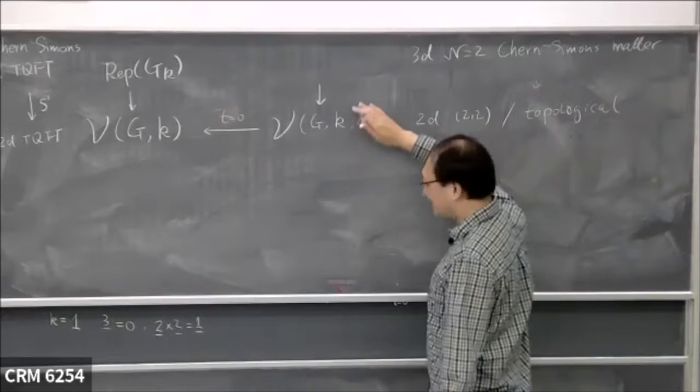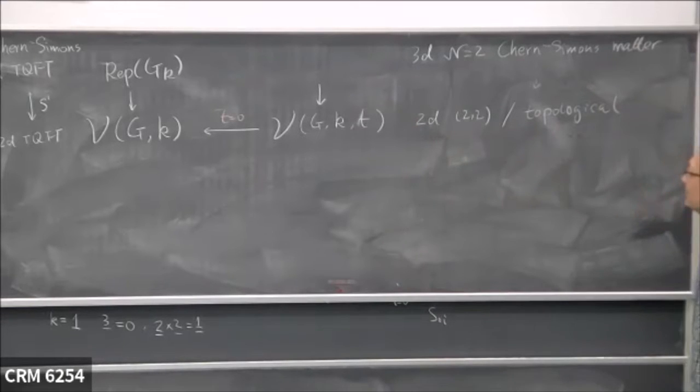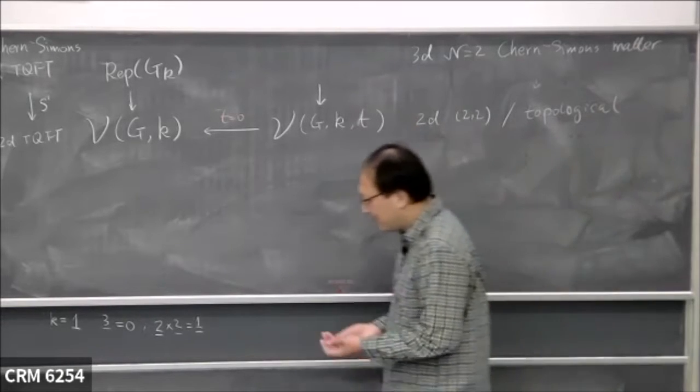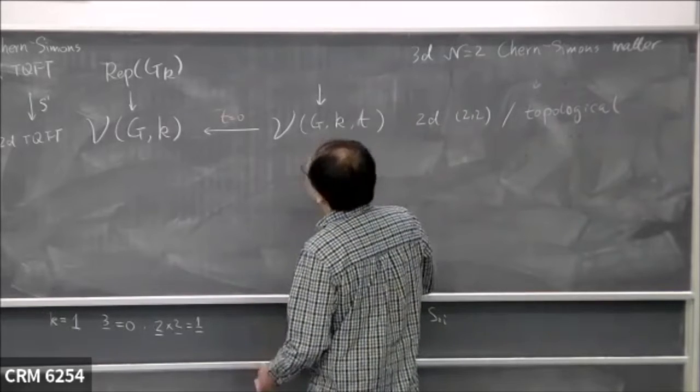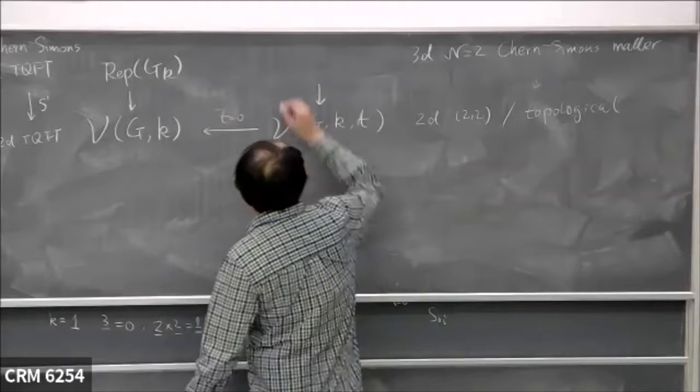So what would that tell us about the category? Because it's not topological, you actually expect that the category should have infinitely many simple objects.